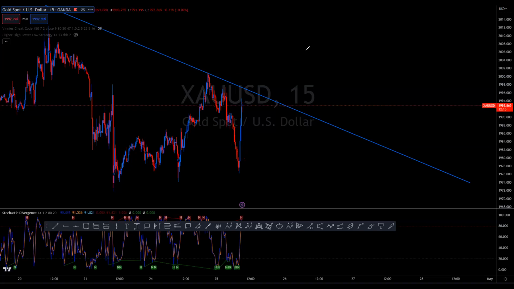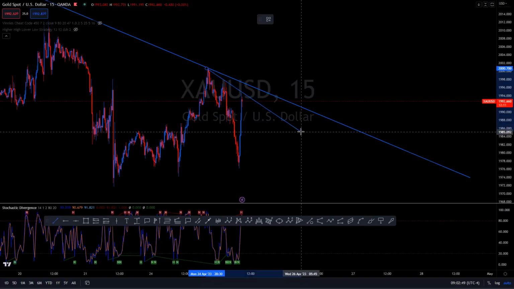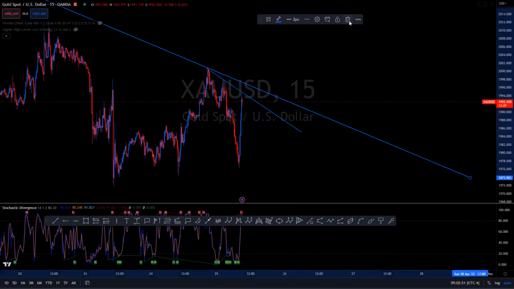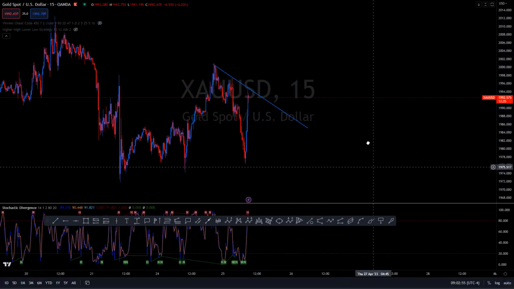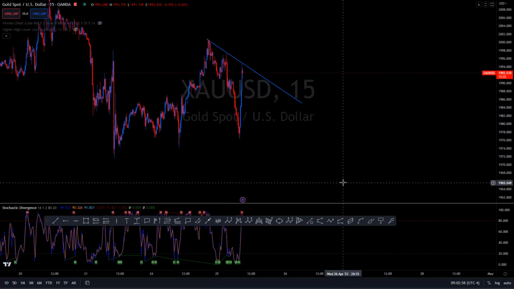So I would still say that price is overall bearish here as well. And we put a current center line here. Now we're going to look at the most recent move and really identify the breaker structure.